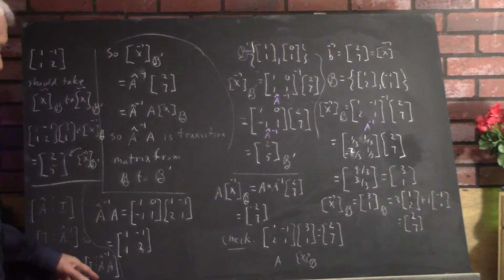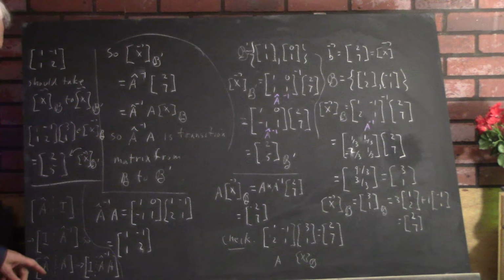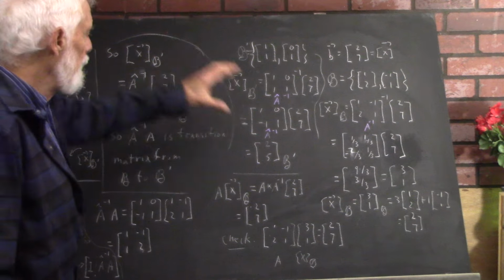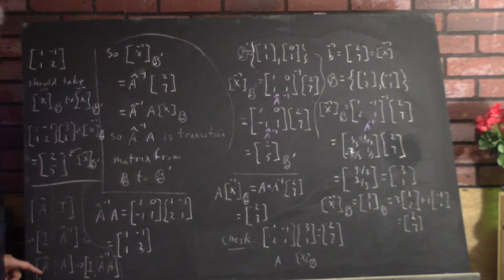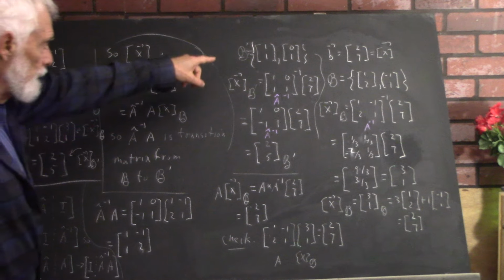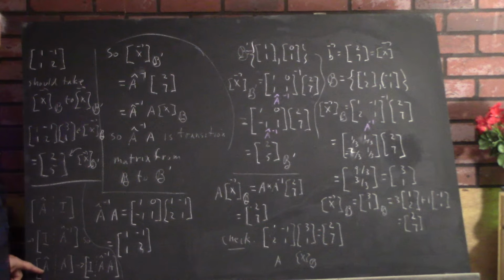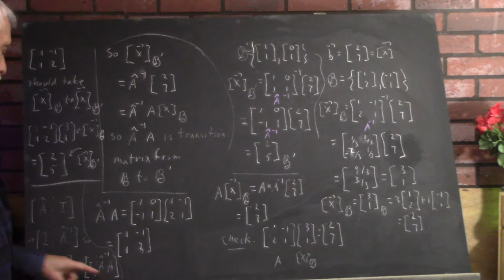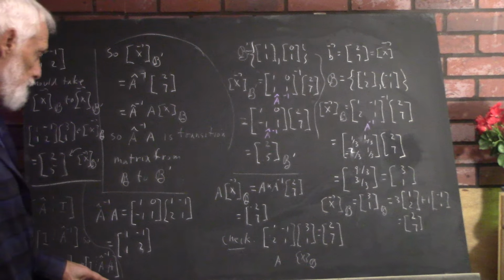So right here is the process your book gives you. To do a transition from B to B prime, you take the A hat matrix, which is the matrix with respect to the B prime basis, augmented with the A matrix, reduce this to the identity, and the A matrix reduces down to your transition matrix.